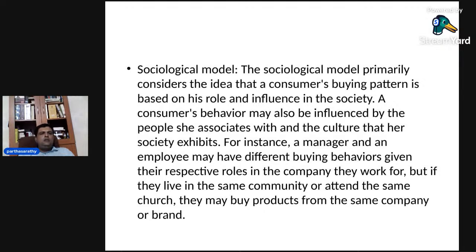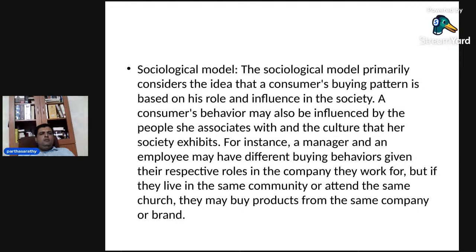See, the sociology, how people live in groups, how people live individually, how culture influences, all these are examples of the study of sociology.